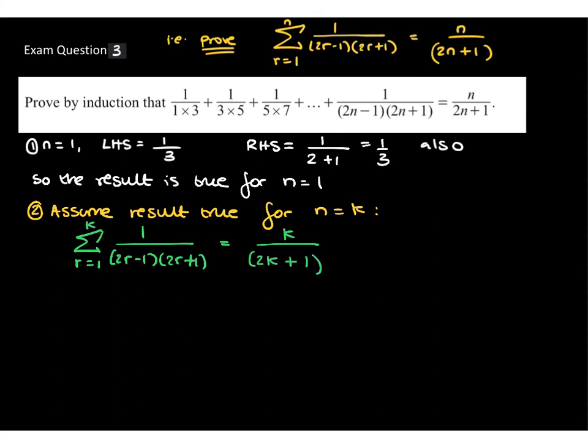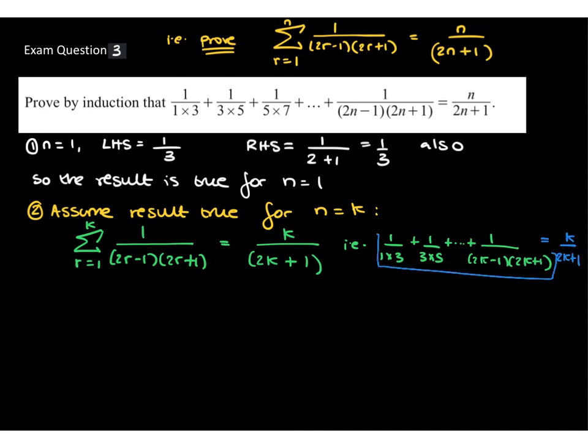So we're effectively saying that 1 over 1 times 3 plus 1 over 3 times 5 plus all the way up to and including 1 over 2k minus 1, 2k plus 1 is equal to k over 2k plus 1. So this part here is just this written out in terms.